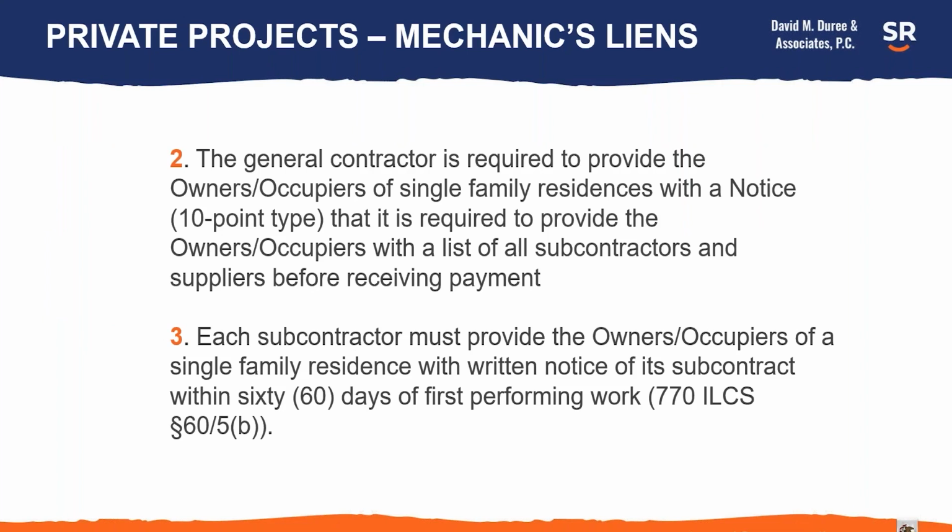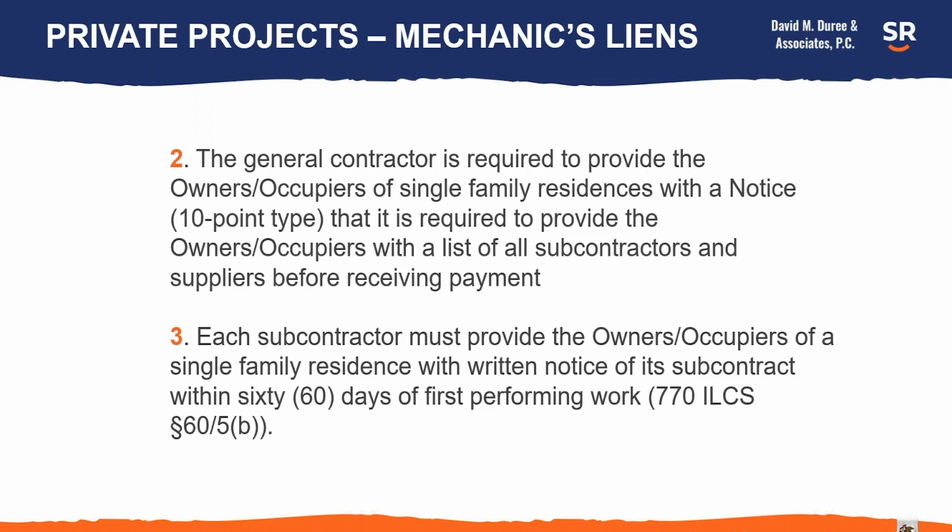And that notice is required in 10-point type, and most standard contracts that general contractors have established for their use for residential work will have that automatically built into their contract. And then in the case of single-family residences as well, each subcontractor must provide the owner or occupier with a written notice of its subcontract, the fact that it has a subcontract, within 60 days of the first work performed.